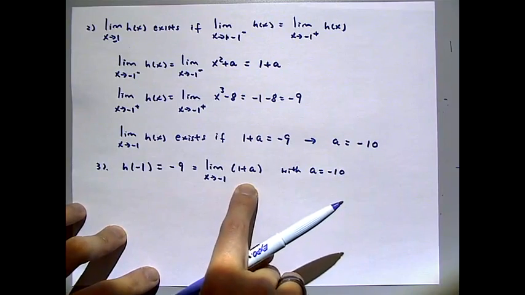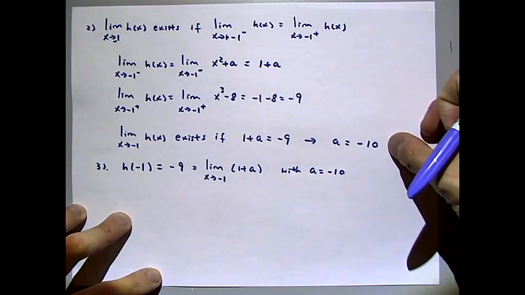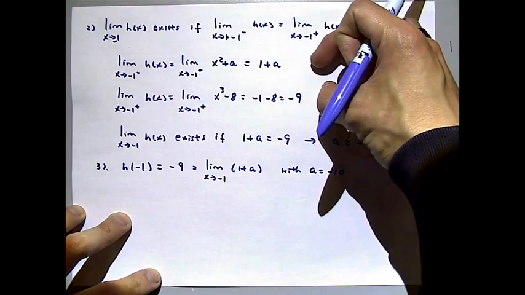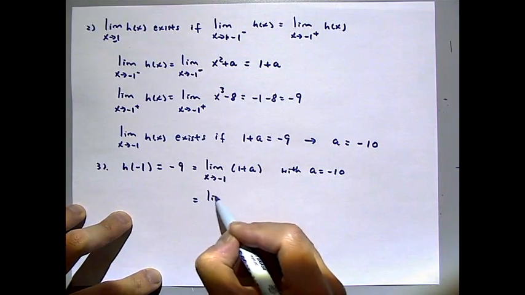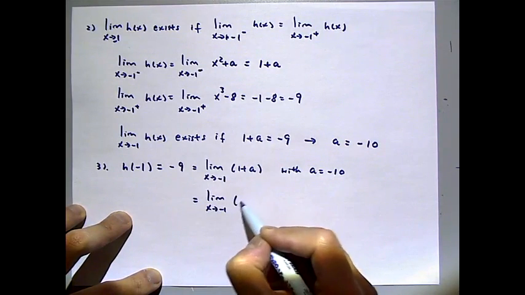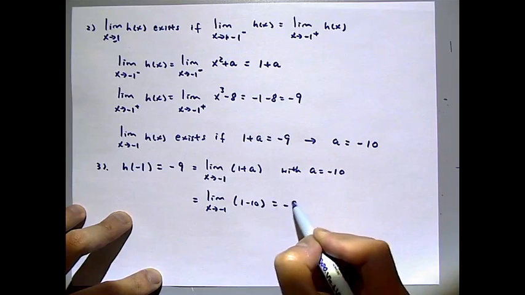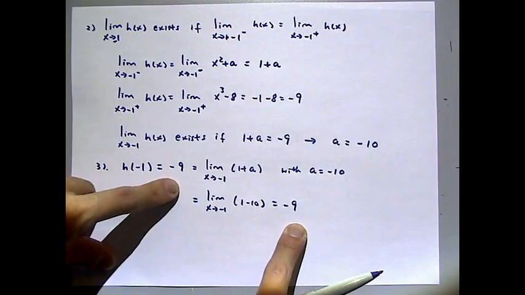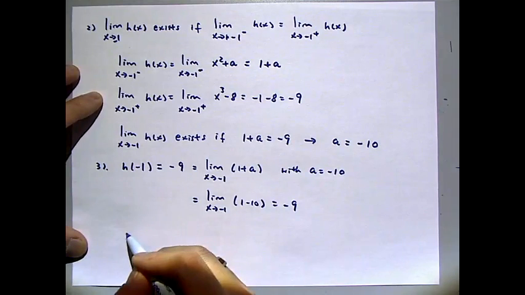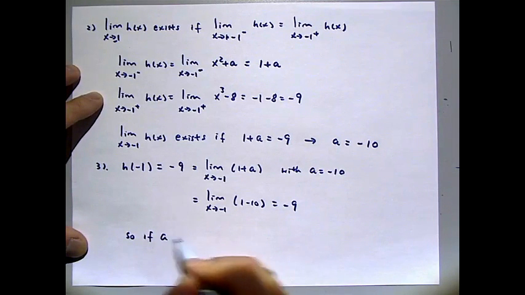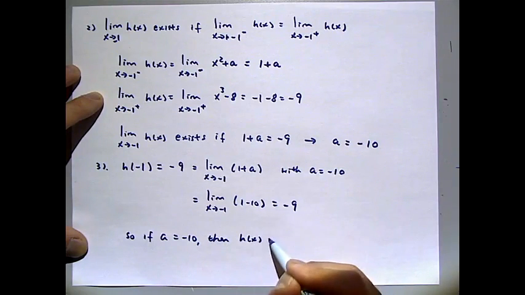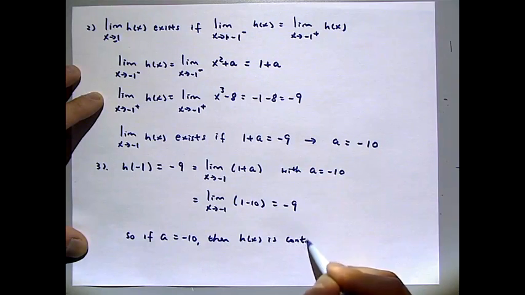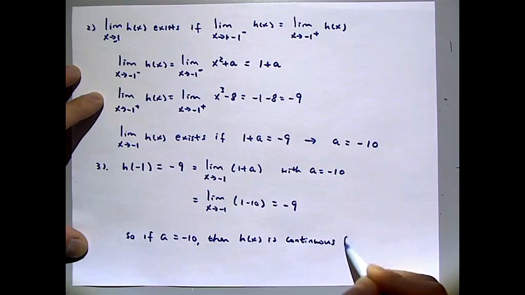The limit is 1 plus a. Then we found out that if a is equal to minus 10, then the two one-sided limits are equal. Now using that a here, we see the limit is equal to minus 9. Okay? So therefore, if a is equal to minus 10, then h of x is continuous for all values of x.